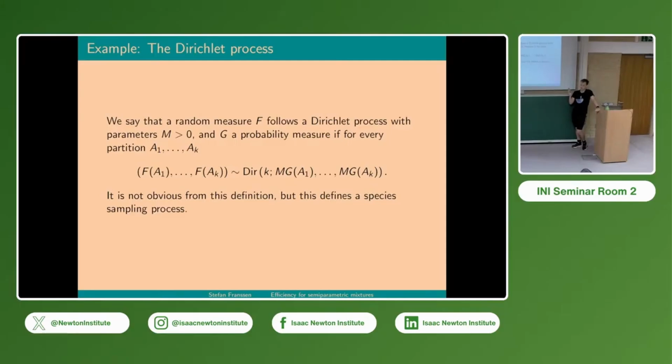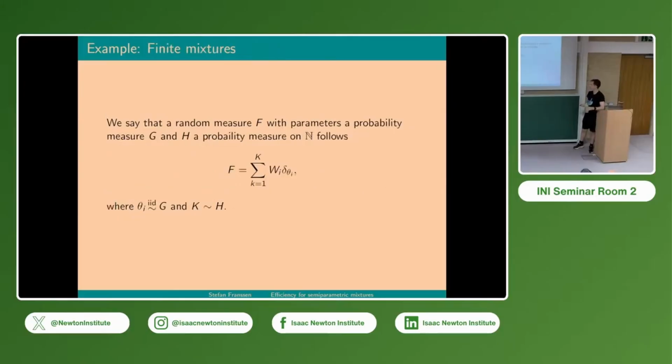This is a well understood process, people like to use it, and there are a lot of sampling schemes for this. I first thought let's try this, but it turned out that we proved that I didn't need any properties that are specific to the Dirichlet process. I just needed species sampling, so I would just do that.